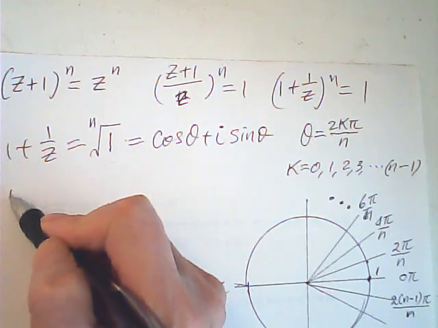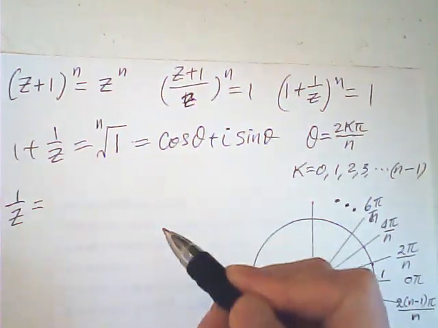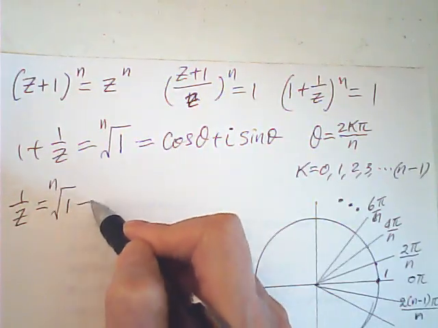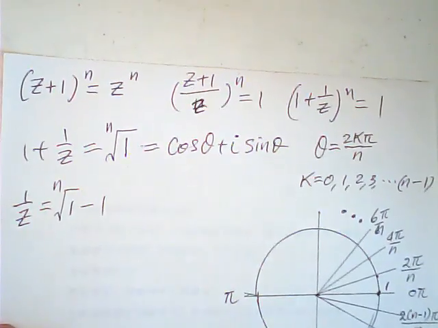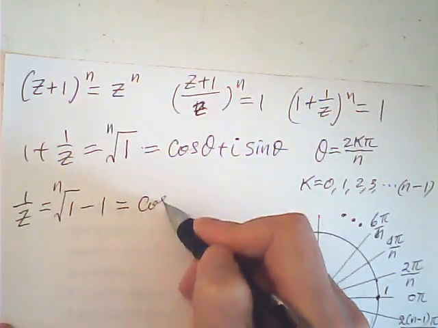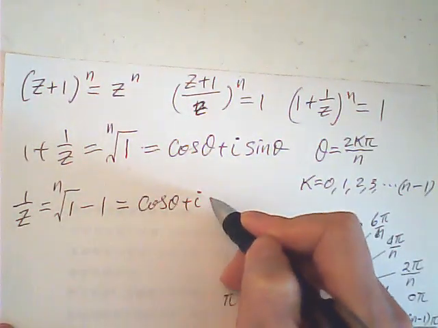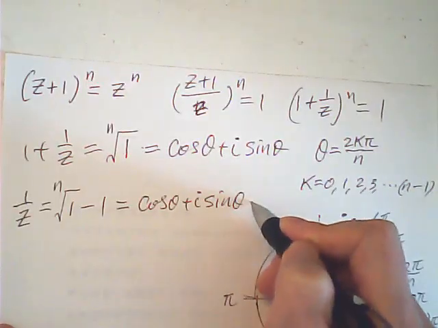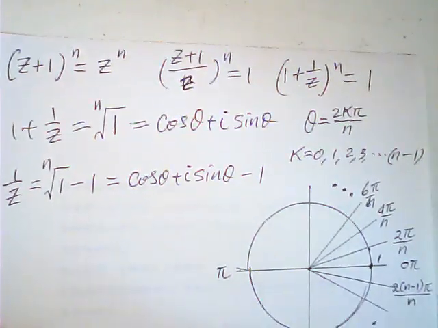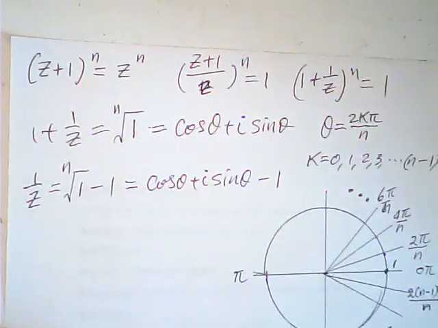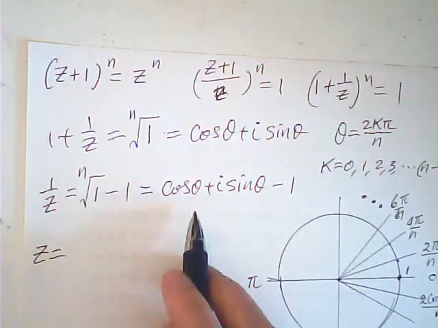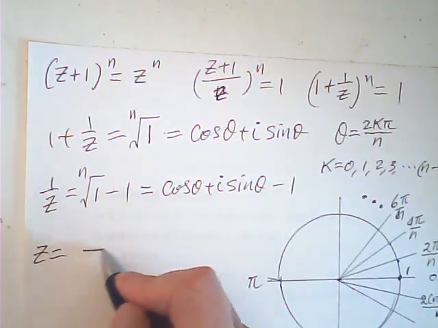So my 1/z is equal to the nth root of 1 minus 1, which is equal to cosine theta plus i sine theta minus 1. Very good. So I can find z. z is just the reciprocal of that one.